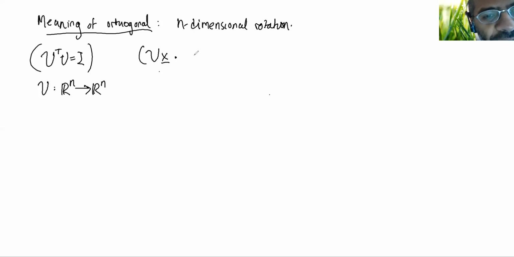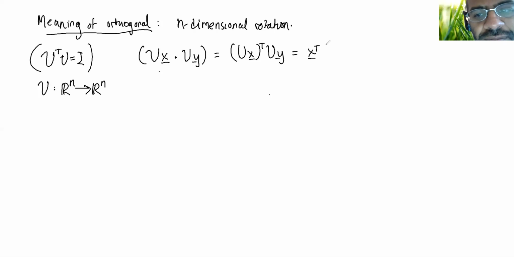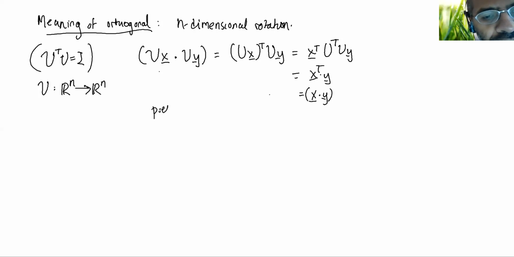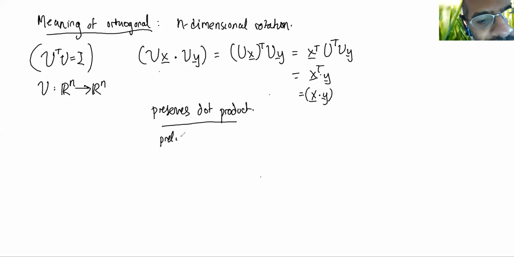What does it do to the dot product between any two vectors? Well, let's just write this in matrix notation. The way transposes work, this is X transpose U transpose Uy. U transpose U is identity. So this is just X transpose Y, so this is just X dot Y. So U preserves the dot product. And that means it also preserves length and distances.